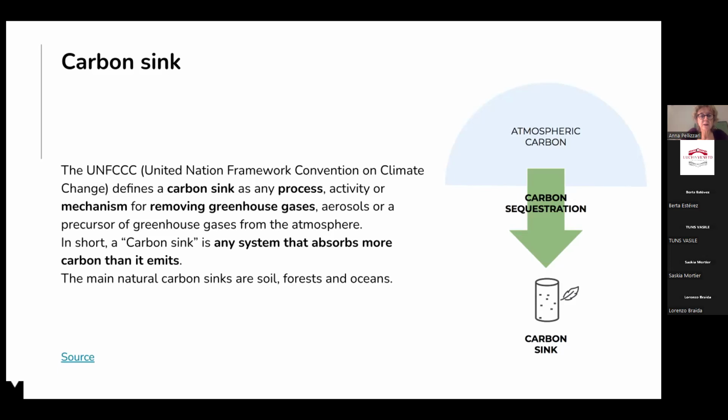So in short, a carbon sink is any system that absorbs more carbon than it emits. And the main carbon sinks are soil, forests, and ocean. So carbon sequestration is the activity, and carbon sink is the system where that activity is made.